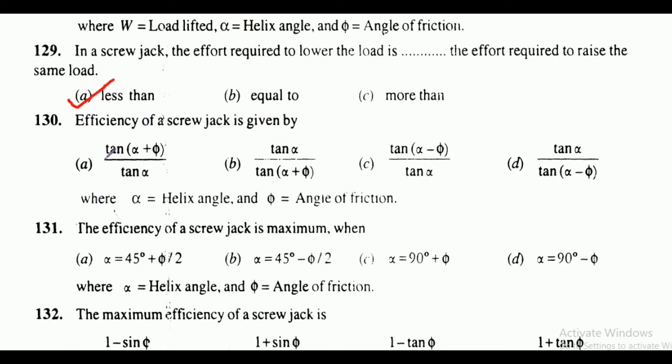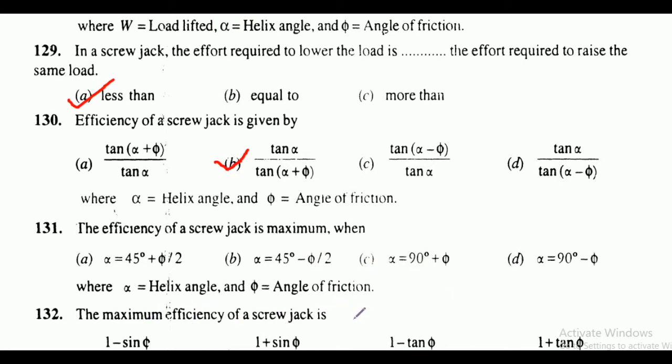Next is, efficiency of a screw jack is given by, these are the options here, and here alpha is helix angle, phi is angle of friction, and here correct answer is option B, that is tan alpha upon tan alpha plus phi. Next is question 131. The efficiency of a jack is maximum when, here friends, these are the options, and here alpha is helix angle and phi is friction angle.